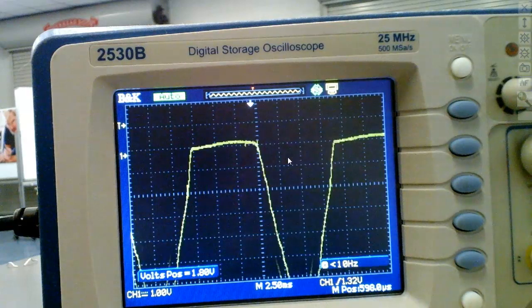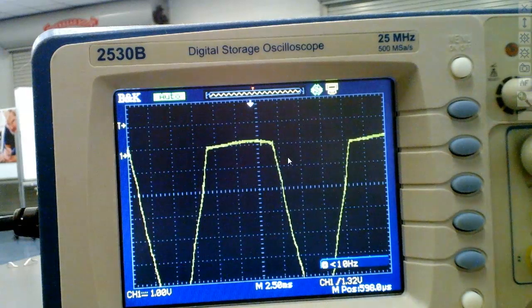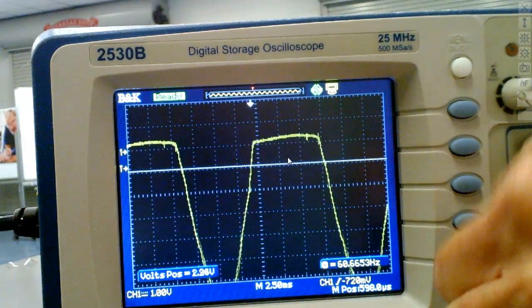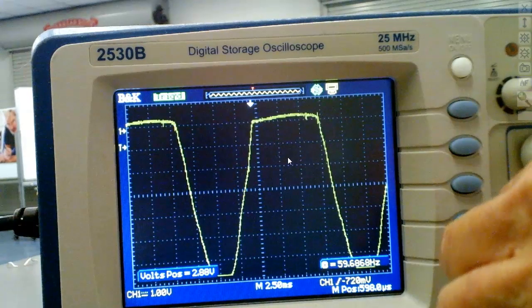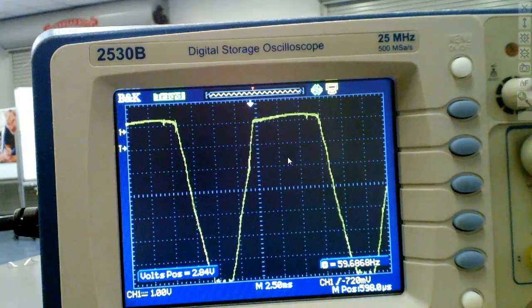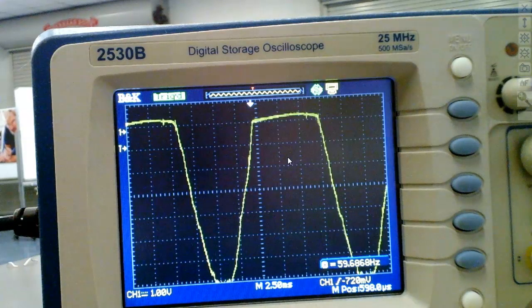Now my scope has gone out of sync. So now we're getting 7 volts again, but now it's negative. So that's all we have to do to get a negative power supply, just flip the diodes around, right? So we have the ability to get a positive power supply or a negative power supply.